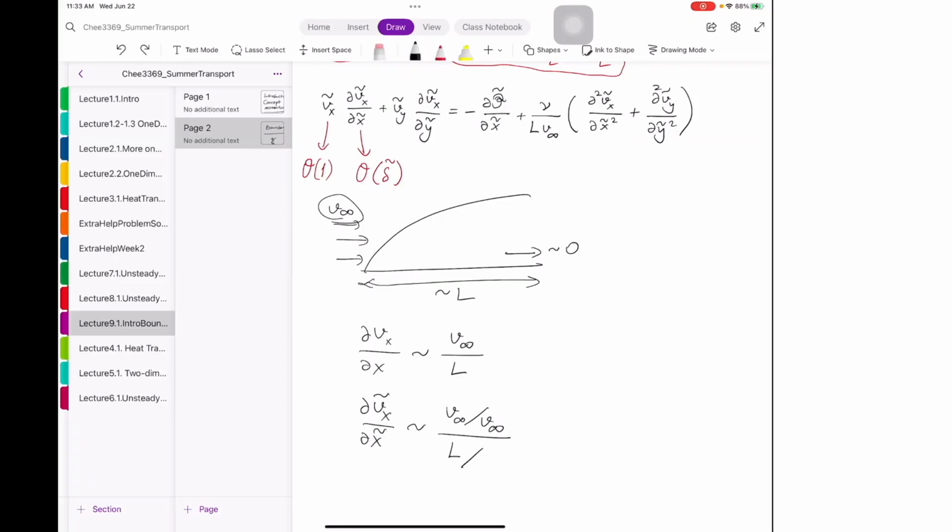So del Vx over del x should be in the order of V infinity. Let's imagine that these things happen very quickly, and let's focus on this very entrance region, where V infinity is just immediately going down to 0.